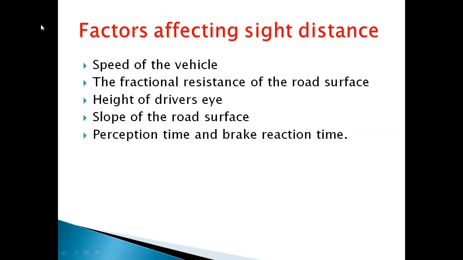Second is the frictional resistance of the road surface, that is, the friction factor between the road and the tire of the vehicle, which also affects sight distance. Then the height of the driver's eyes also affects sight distance. Then the slope of the road surface also affects sight distance.